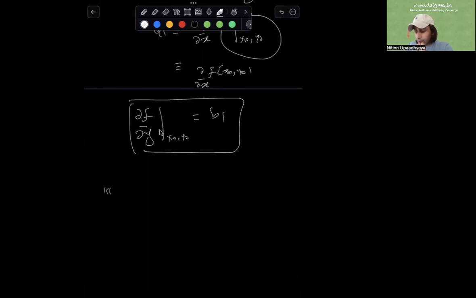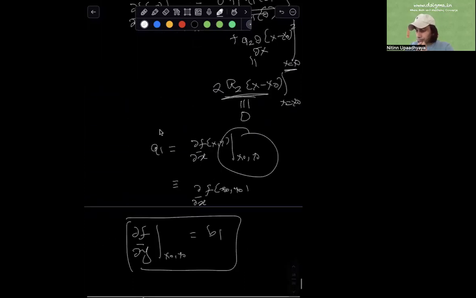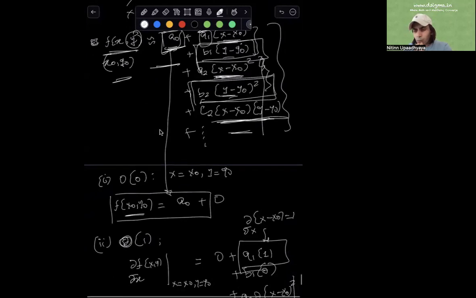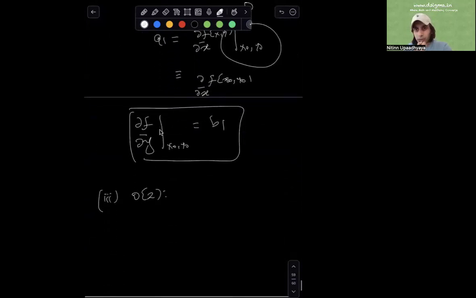Now I can extend this logic further to evaluate terms which are second order. So for instance, let's try the y term first. Let's say I want to evaluate b2. So now I can partially differentiate both sides of this expression with respect to y twice.